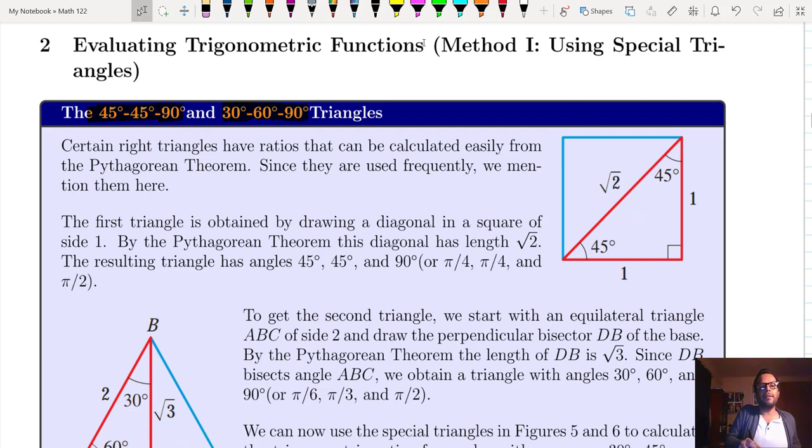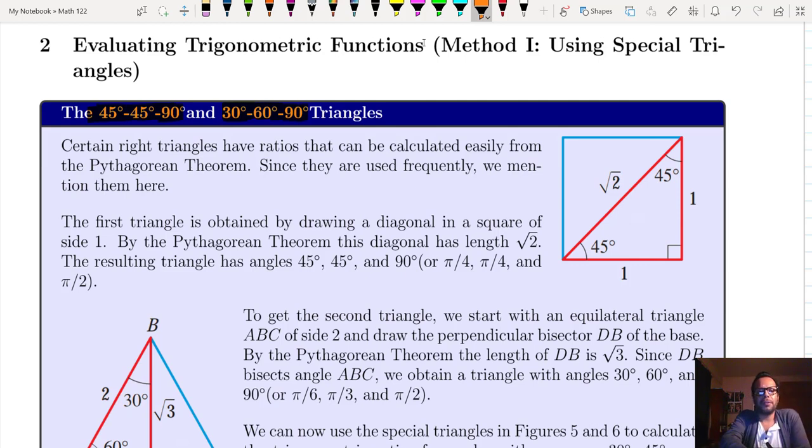Again, keep in mind that if you add these 3 angles, you will get 180 degrees. And the fact from geometry is that the sum of the inner angles of a triangle is 180 degrees. If you add also 30 plus 60, that's going to be 90, plus 90, same, 180.